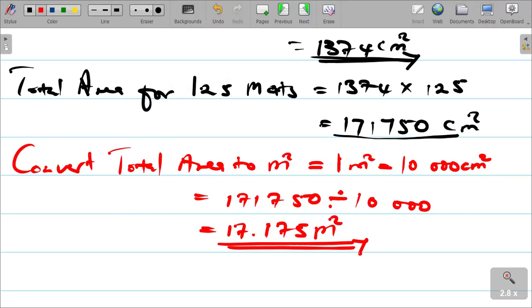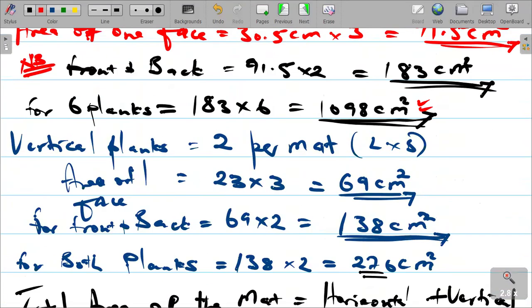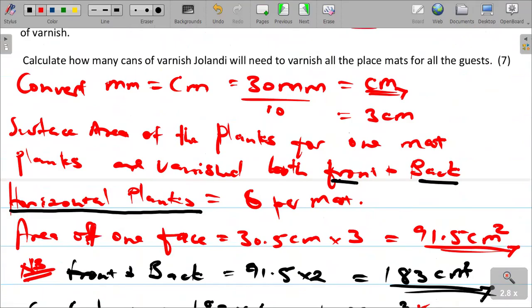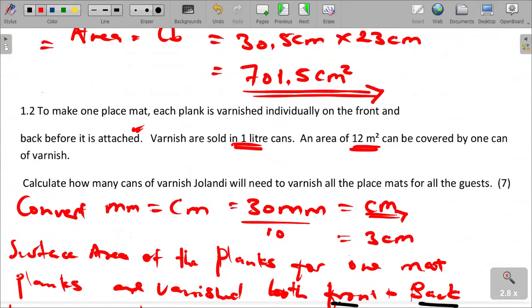We are told that varnish is sold in 1 liter cans. An area of 12 square meters can be covered by one can, because each varnish can covers 12 square meters.